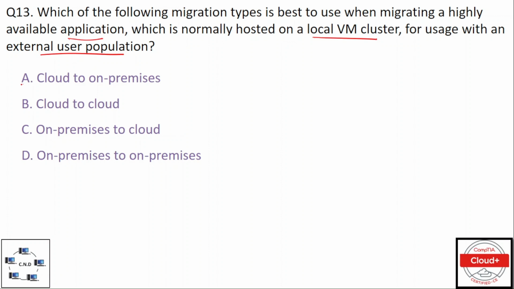And the options are option A, cloud to on-premises, option B, cloud to cloud, option C, on-premises to cloud, and option D, on-premises to on-premises. So of course we have very high availability inside the cloud as long as you are able to connect to the cloud. Therefore the correct option is option C, on-premises to the cloud.